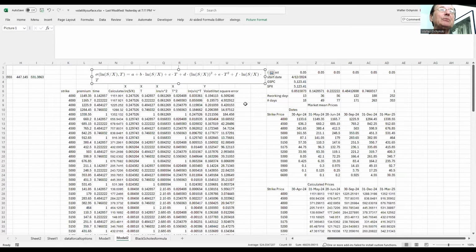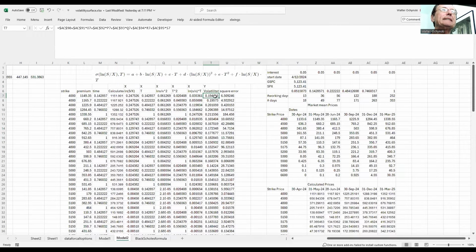And in order to make this a multiple regression, what we need is the area where I have my X variables and my Y variable. Here I have all my X variables, and the volatility which is created here is in this variable.